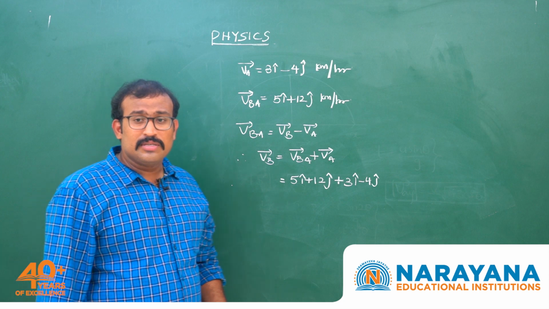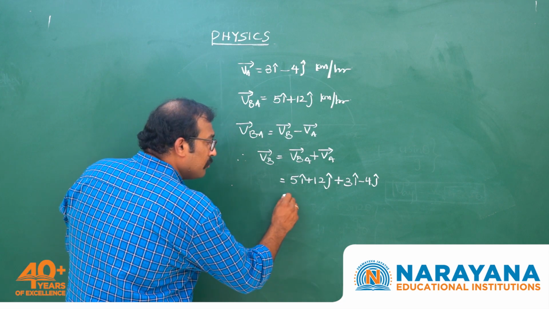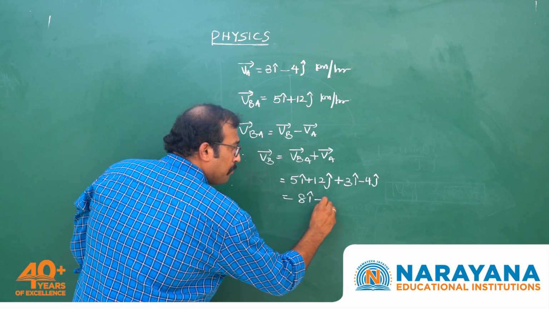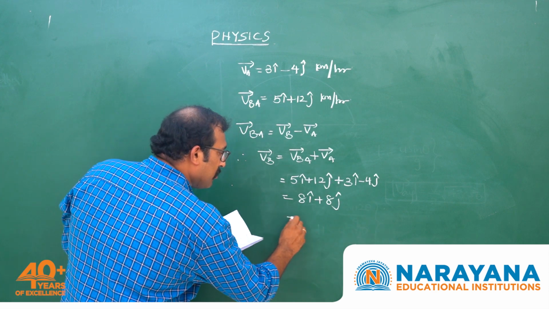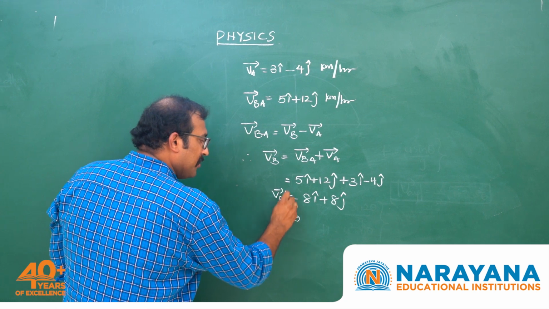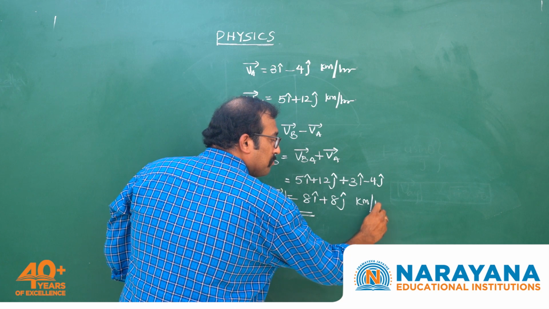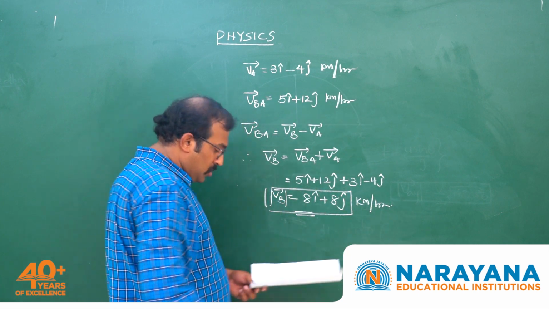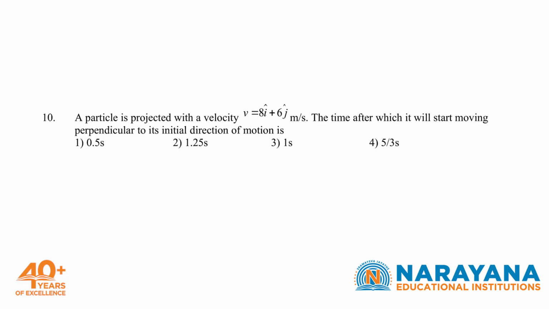So on solving this, we can write 8i cap plus 8j cap. So this is the velocity vector. If you want, we can find the magnitude also, in kilometer per hour. So this is our answer. So our option is the fourth one.